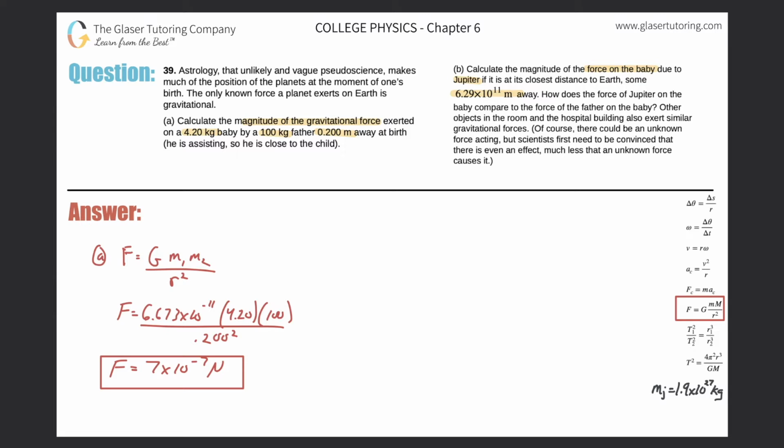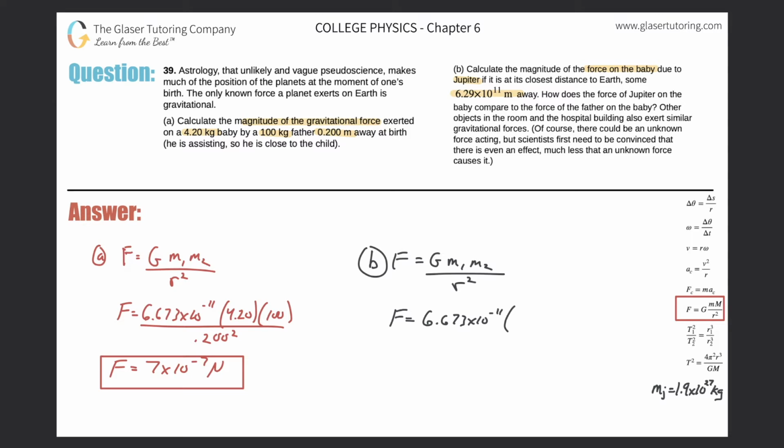Again, I'm going to be using the same formula. Remember, the force due to gravity between two objects is equal to the gravitational constant multiplied by the mass of one object times the mass of the other object divided by their distance between one another squared. So the force is going to be 6.673 times 10 to the minus 11 multiplied by the mass of one object.